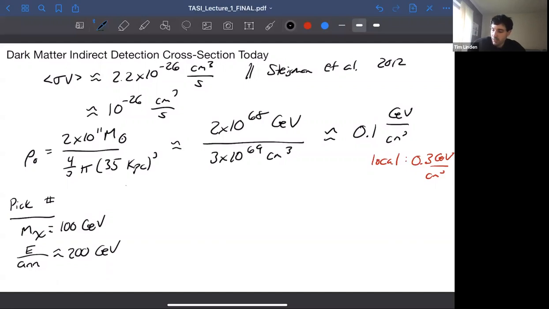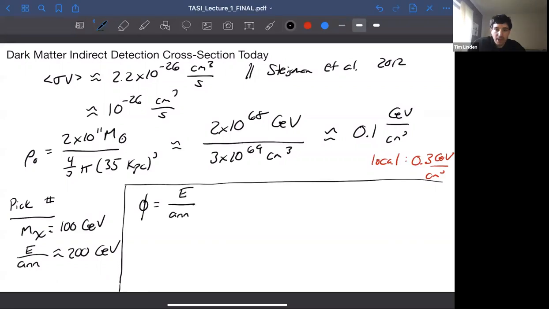Then what is the flux of this dark matter annihilating event? The flux is equal to the amount of energy you get per annihilation times the number of annihilations. The number of annihilations is equal to the dark matter density squared, because I need 2 dark matter particles to find each other.